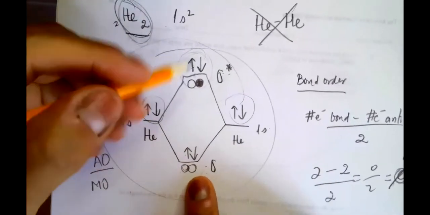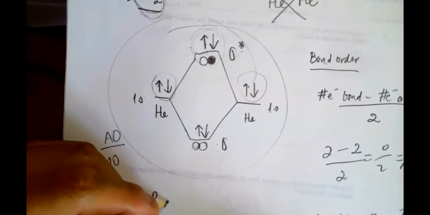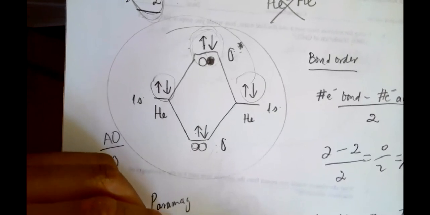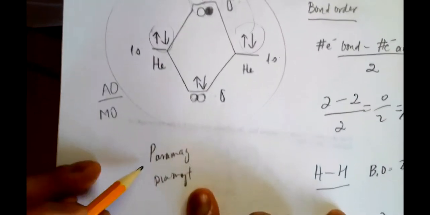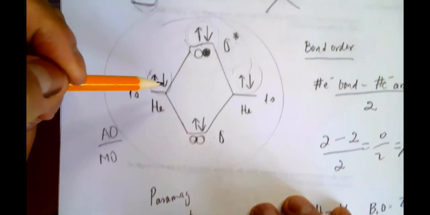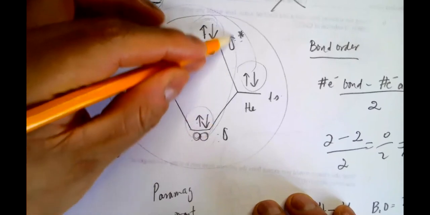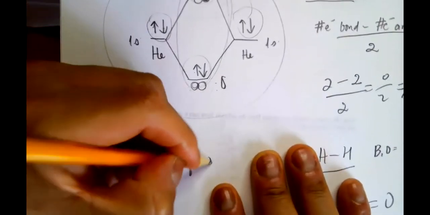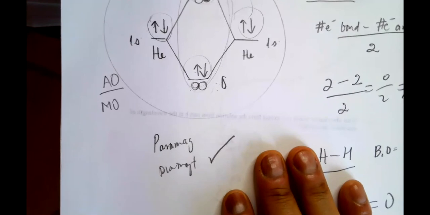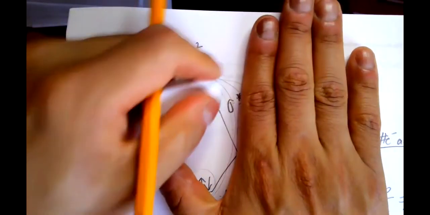So if it exists, and they ask me, is this molecule paramagnetic or diamagnetic? How do I determine that? It depends on the pairing of electrons. For example, here, all my electrons are paired. If all the electrons are paired, that means that the molecule is diamagnetic. What happens if I have one unpaired electron, at least one?